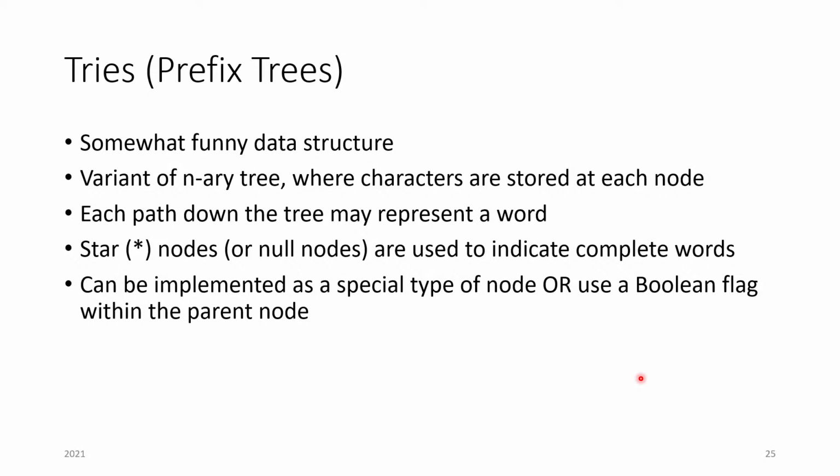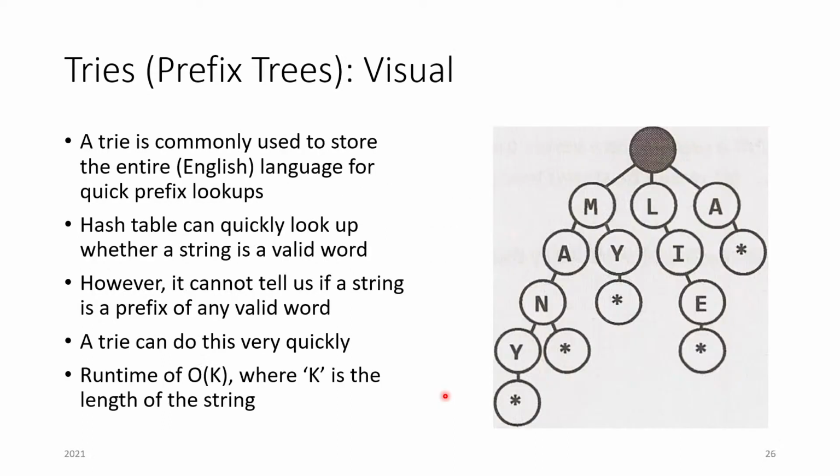And the implementation uses a special type of node, or a Boolean flag within the parent node, to figure out where to go about finding what you're trying to type. So, like I said, tries are basically used for predictive texting or predictive languages, such that it tries to figure out what word you're trying to type in.